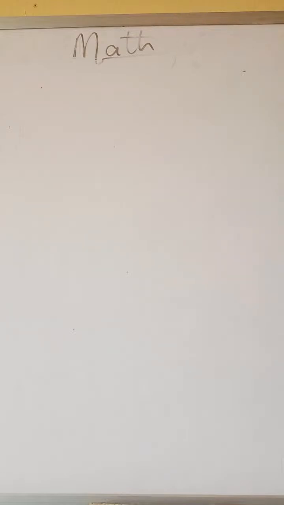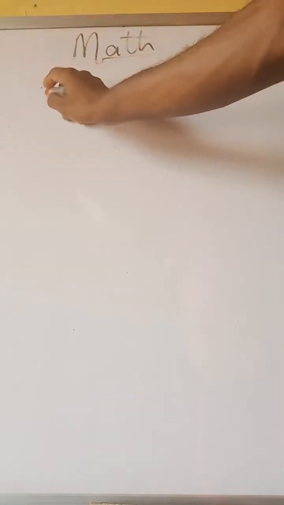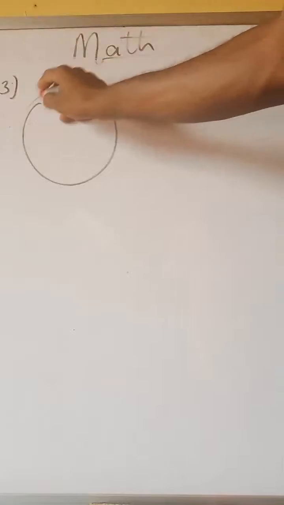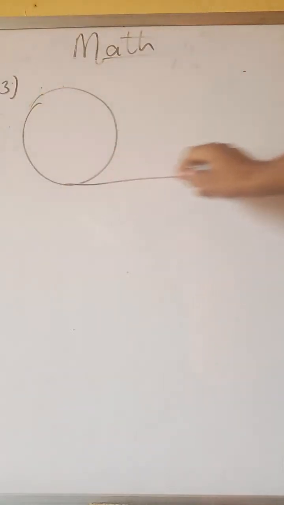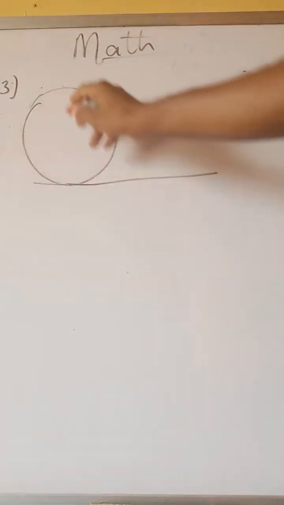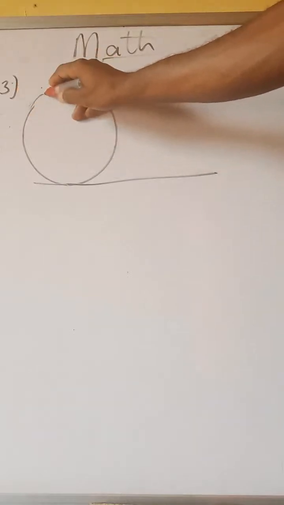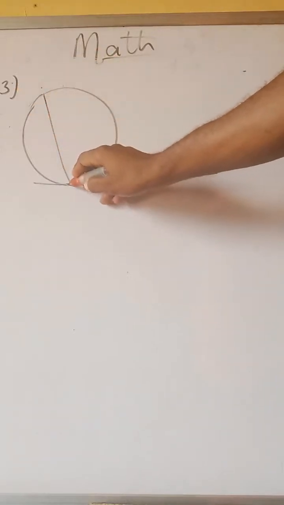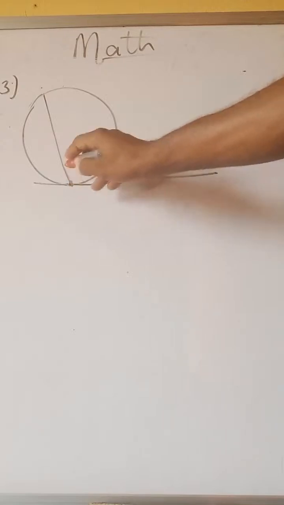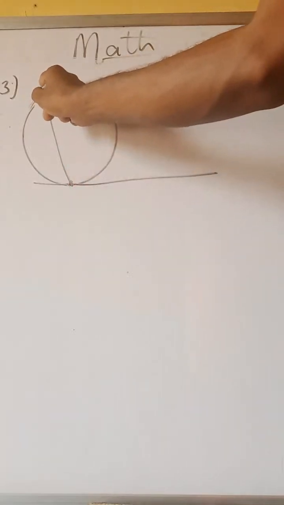Now, the first we'll be considering today is the third question. We have this diagram of this sort. You have a tangent, you have a straight line meeting the tangent at the point it touches the circle, and you have another one this way.